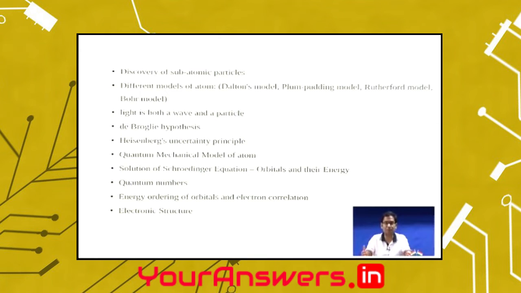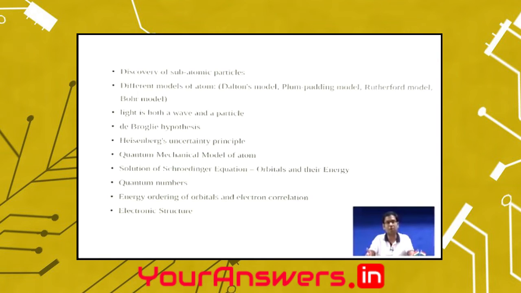With these new principles, with these new fundamental rules, the quantum mechanical model was formulated, and we did that for an atom, and in principle we can extend the quantum mechanical model to any larger molecular system. We solved the quantum mechanical model in terms of the Schrödinger equation, and the solution of the Schrödinger equation gave us the orbitals and their energies.